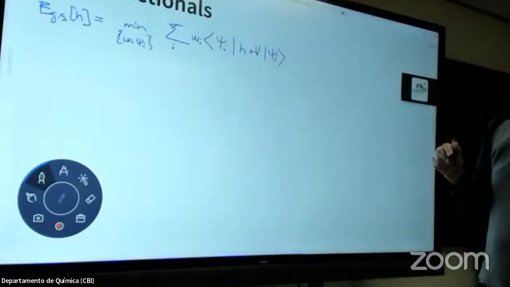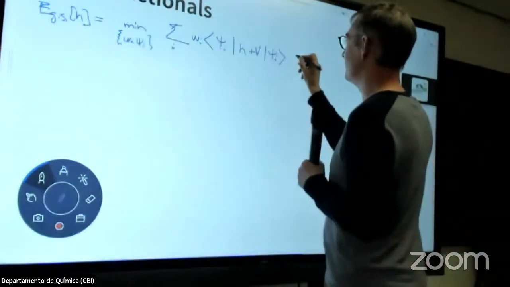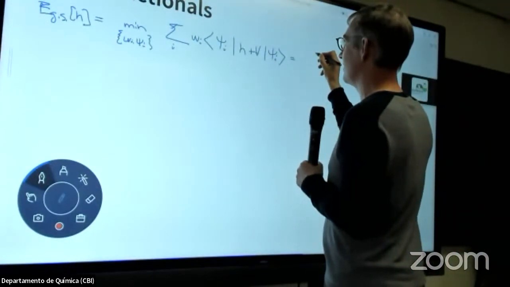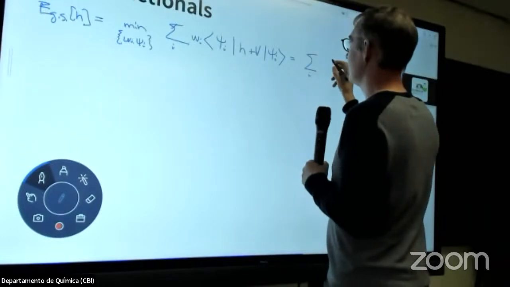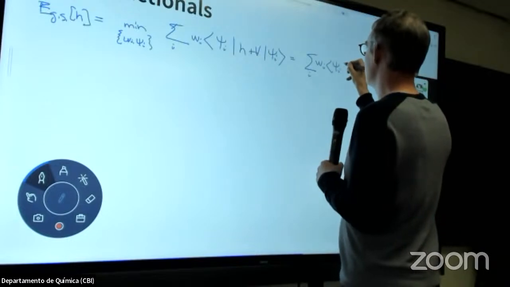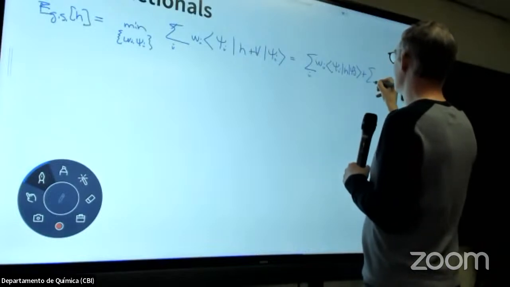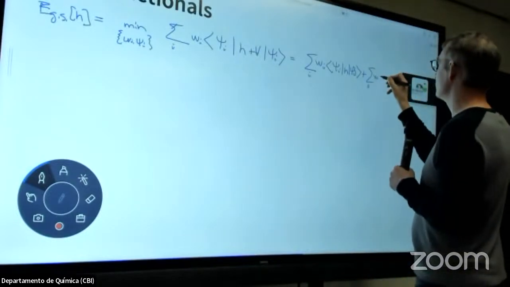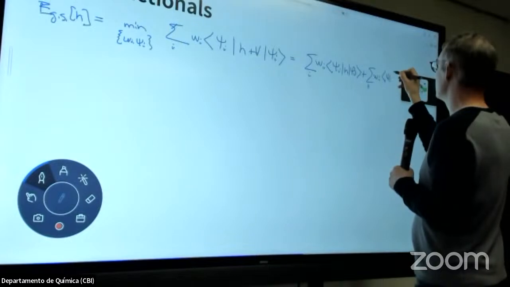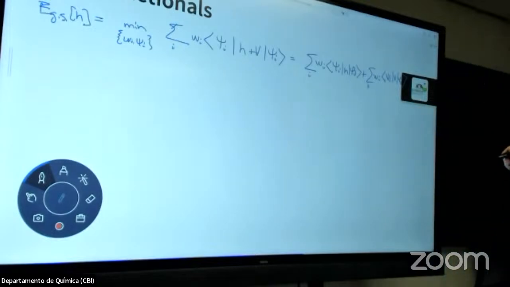This is the same variational principle we've written before. You have to vary over the ensemble weights of the wave functions, right? And I'm going to quickly rewrite this like this.